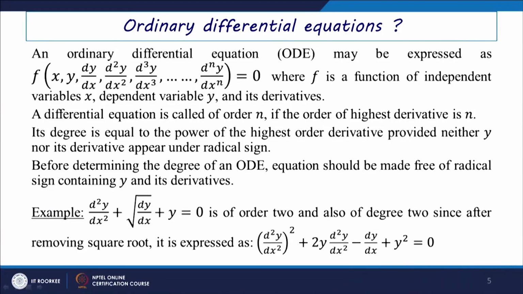We can express these differential equations with a dependent variable and an independent variable. Suppose x is there, y is there, dy by dx, d square y by dx square, d cube y by dx cube, up to d to the power n y by dx to the power n are also there.